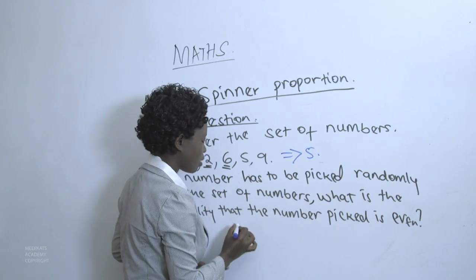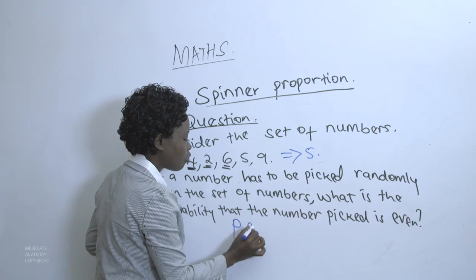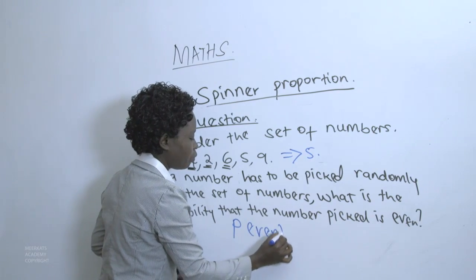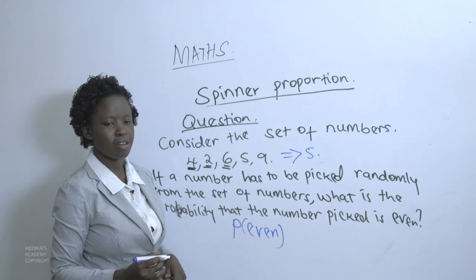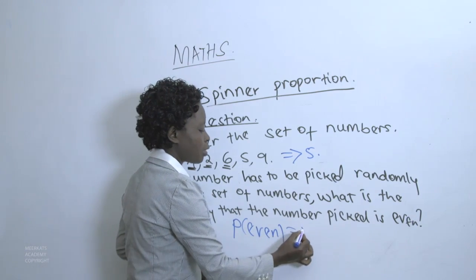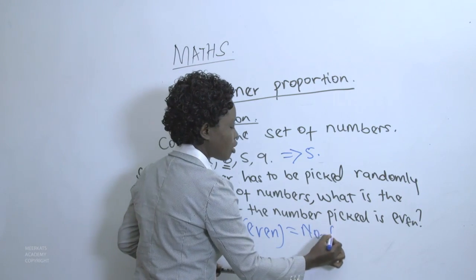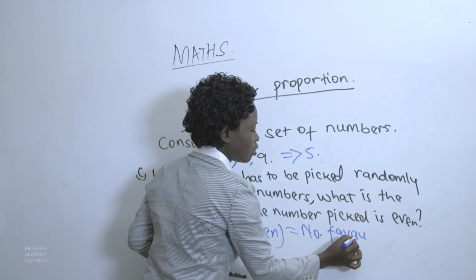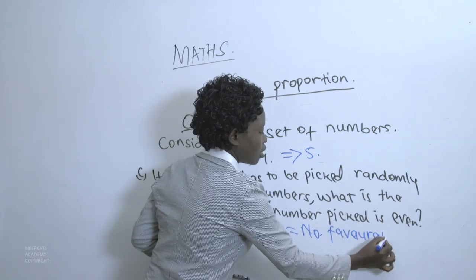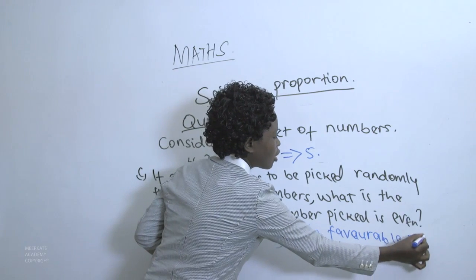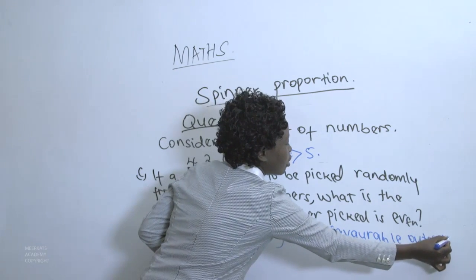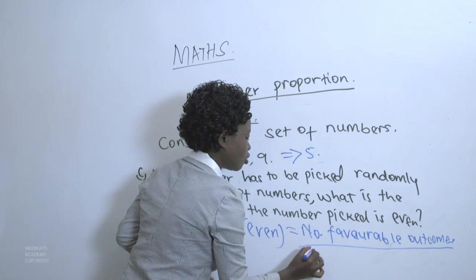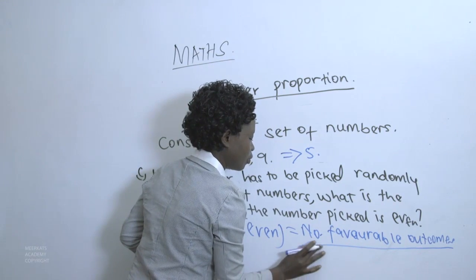So for the probability of picking even, we already said getting probability is simply the number of favorable outcomes over the total outcomes.